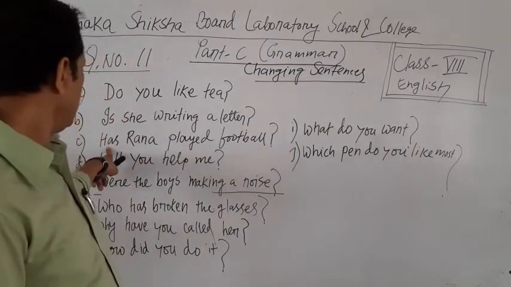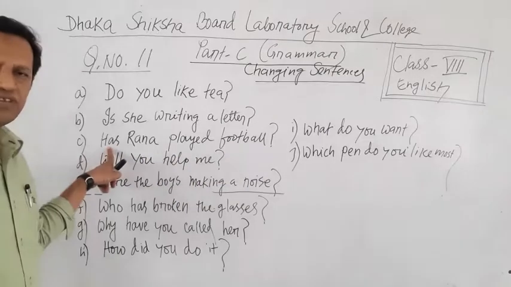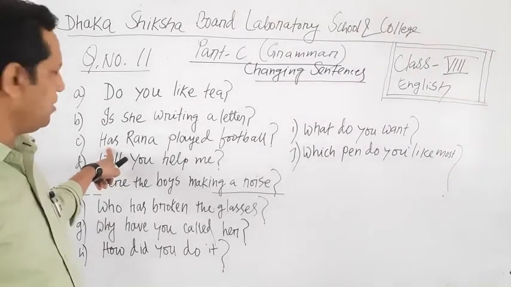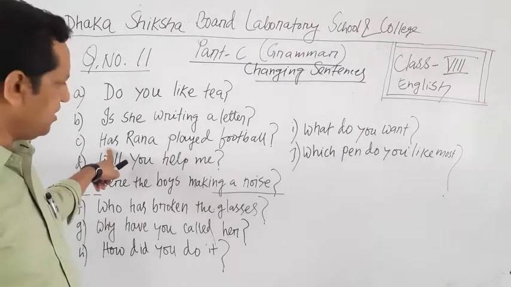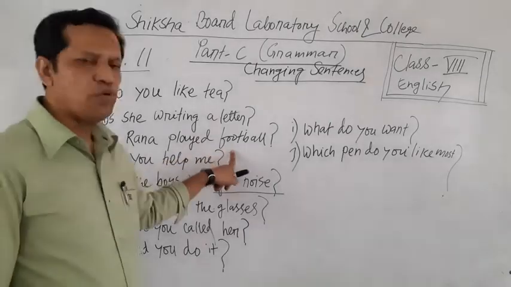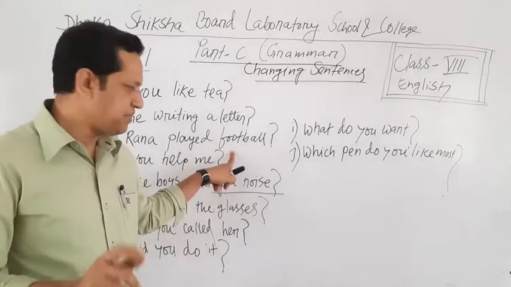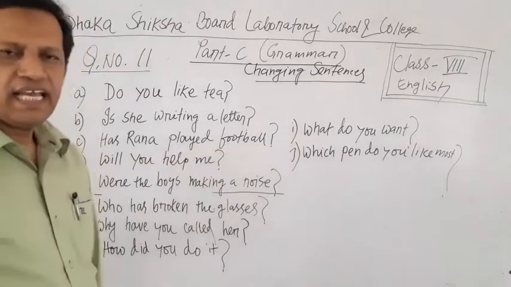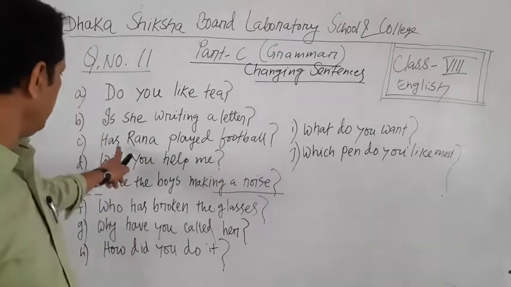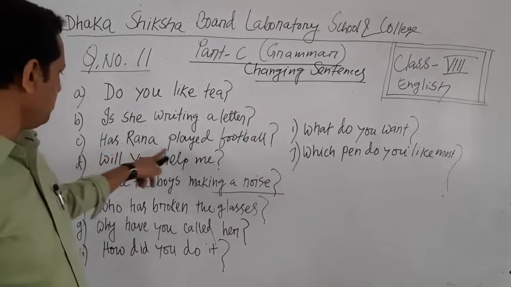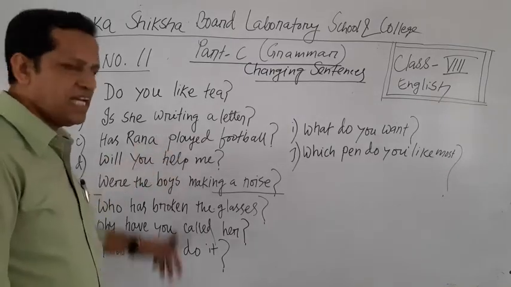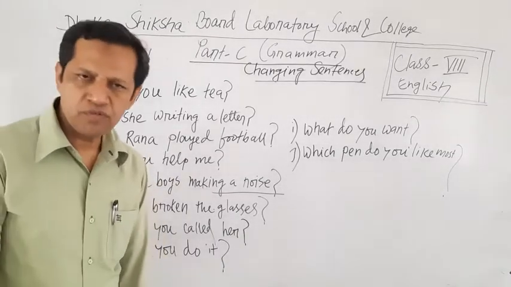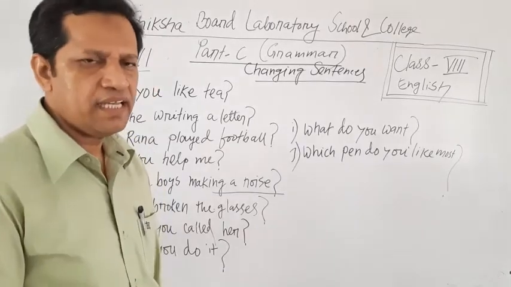Here, in present perfect tense, the helping verb is have been or has been. According to the object, we have to use has been. That's why, has football been played by Rana?